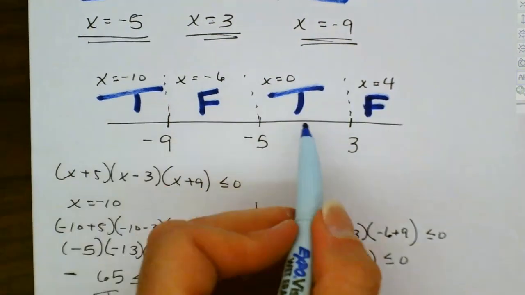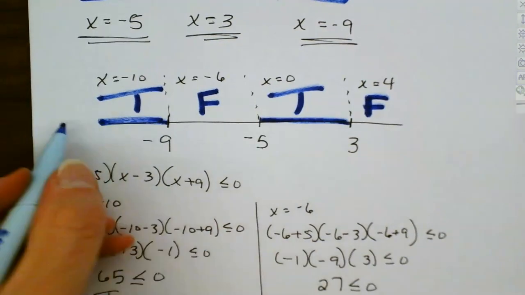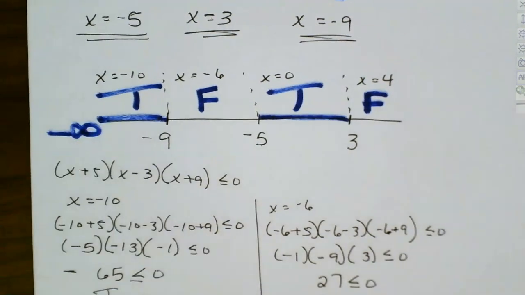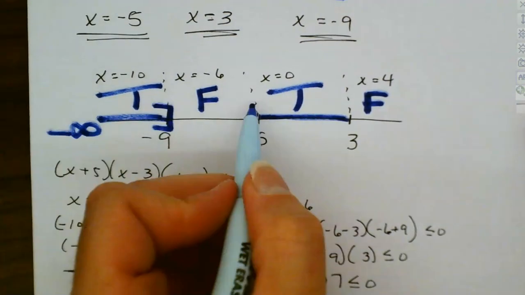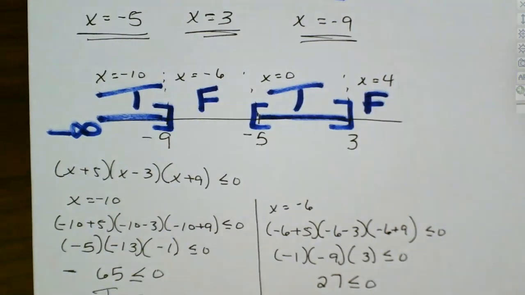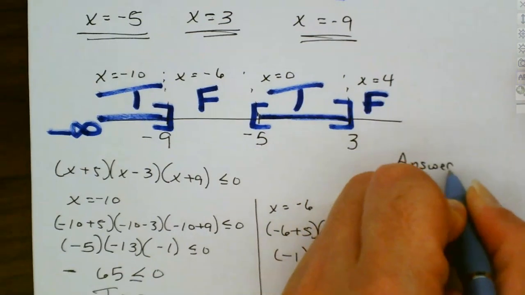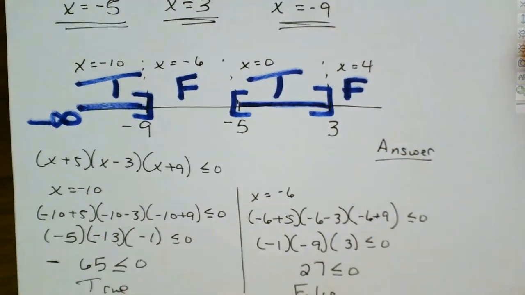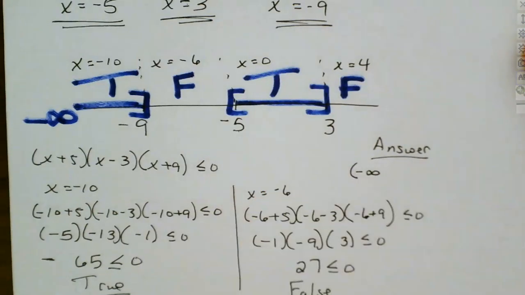Where do we shade? The true parts, so it's here, and it's here. That's negative infinity. Brackets or parentheses? It looks like square brackets, doesn't it? And so how do I express my answer? Okay, we start from left to right. We start with negative infinity.